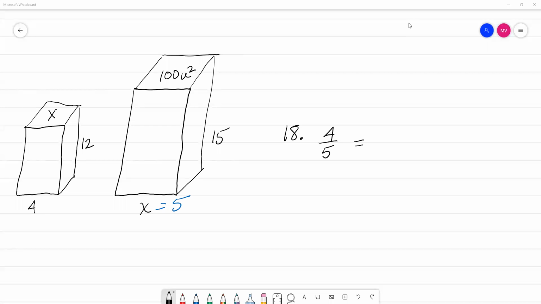All right, so that would be proportional to which area over which area? Which one would you have in the numerator? Well, we know the sides. We're asked to calculate area. So it's x over 100 u squared.